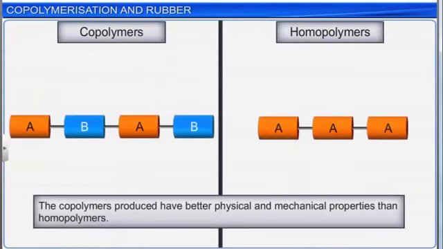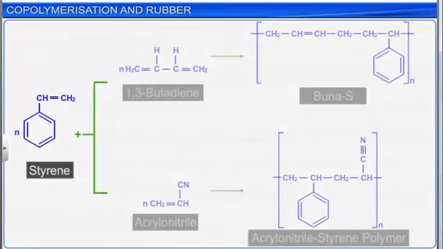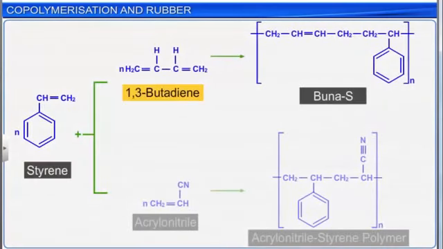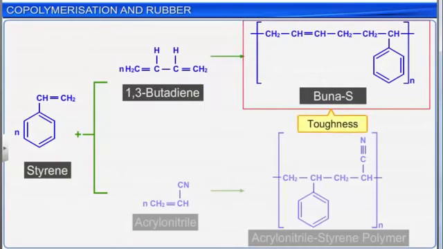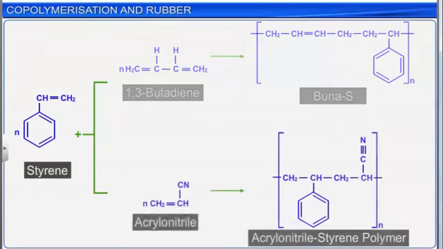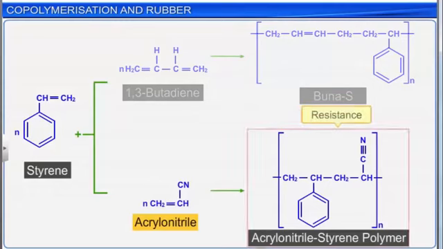As a mixture of two or more different monomers undergoes copolymerization, the copolymers produced have better physical and mechanical properties than homopolymers. For instance, the copolymerization of styrene with butadiene adds toughness, and with acrylonitrile enhances resistance to impact.